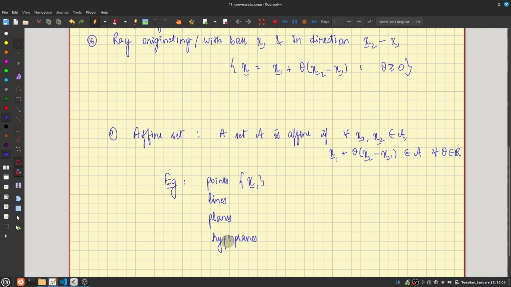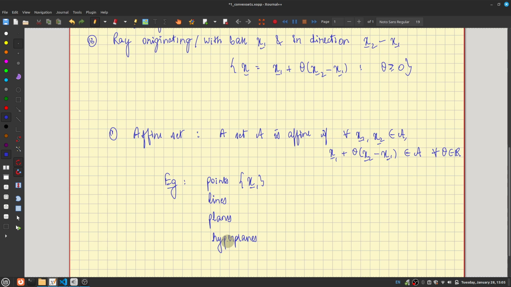Take any 2 points on the circle. Is a straight line joining those two within the circle? Disk: take any 2 points within the disk. Is the entire line, and when I say line, it extends all the way up to infinity, right? The answer is no.